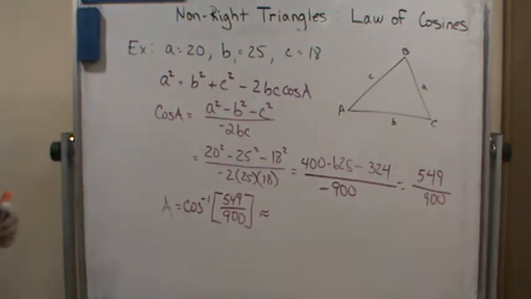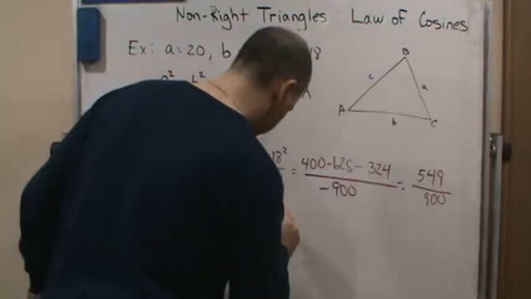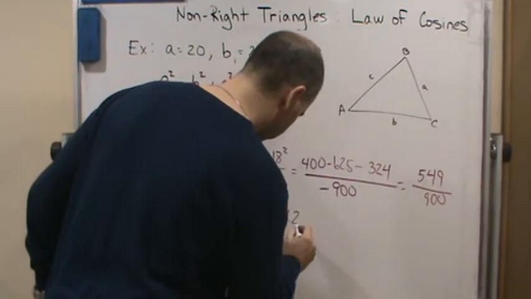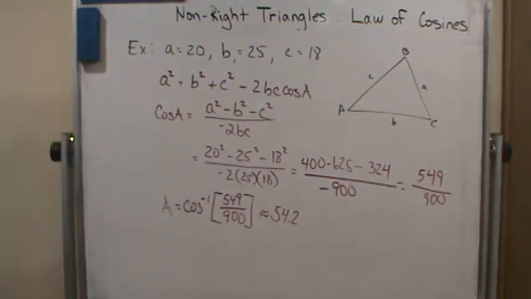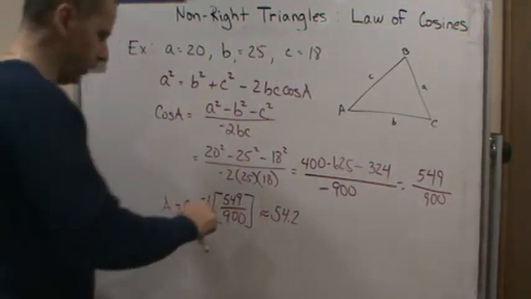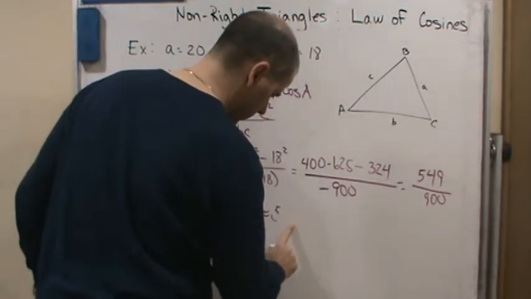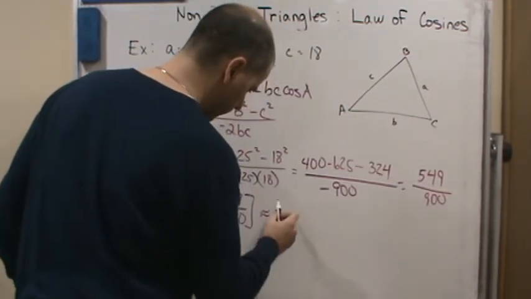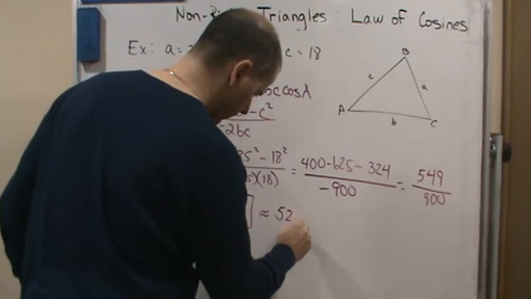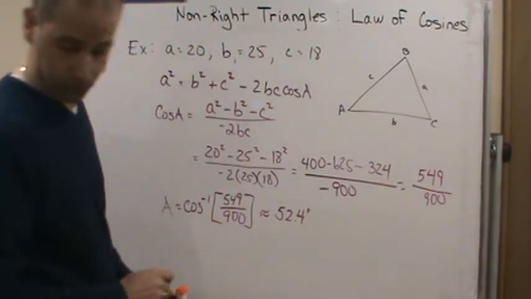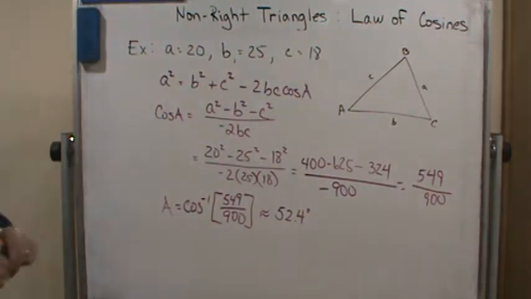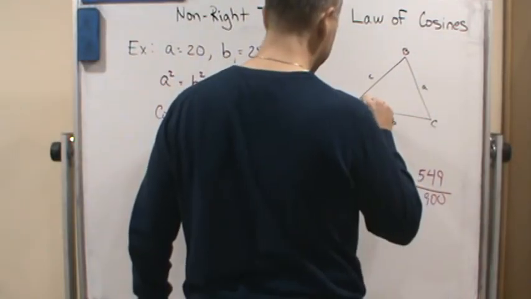And what does that give us? That gives us an approximate value of alpha of 52.4 degrees. So 52.4 degrees, that's going to be A.